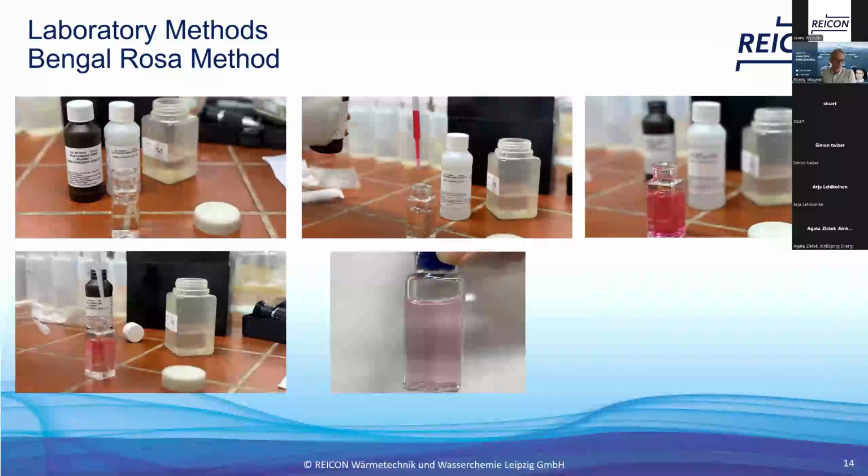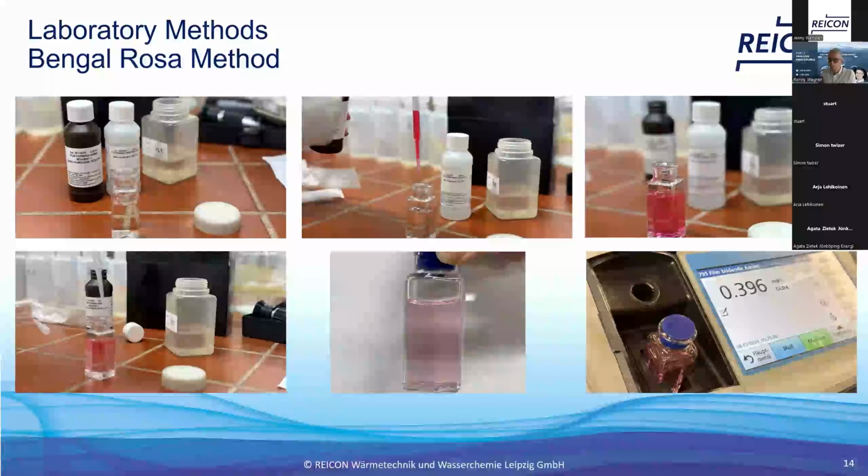Then you add the second one, where the color turns into a slight rose color, and then you use it in the photometer. You can see here it's shown as OLDA, and in the program you can switch whether you want to measure OLDA, ODA or OLA. So you need to be aware that you're looking for the right product in the photometer when you use the HACH program.